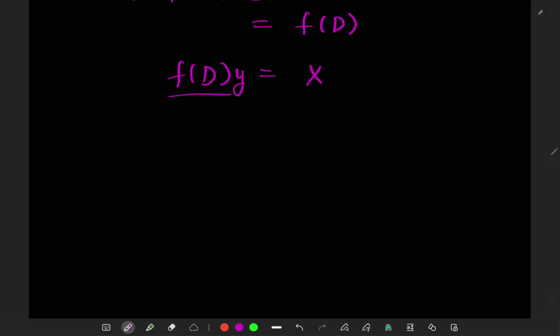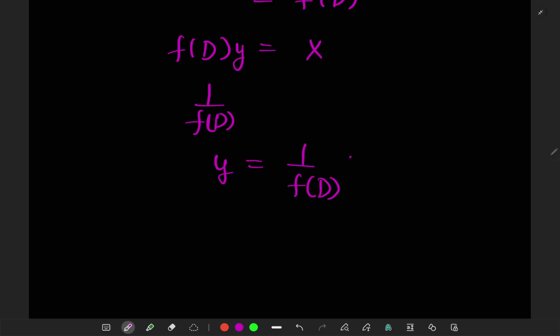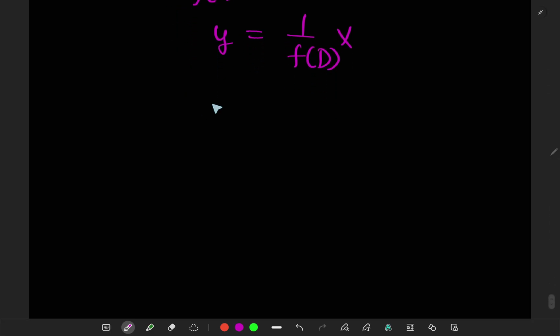Here 1 by f(D) is the inverse of f(D), so we can write y is equal to 1 by f(D) x. So 1 by D is equal to integral x dx.